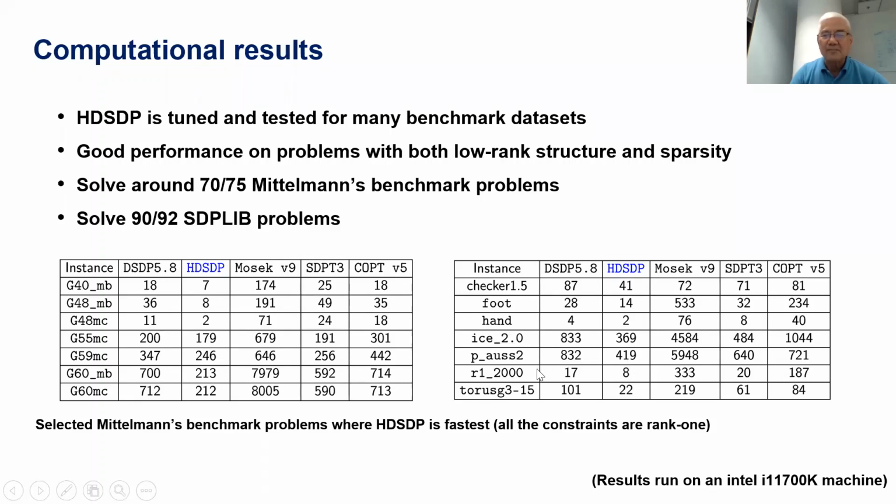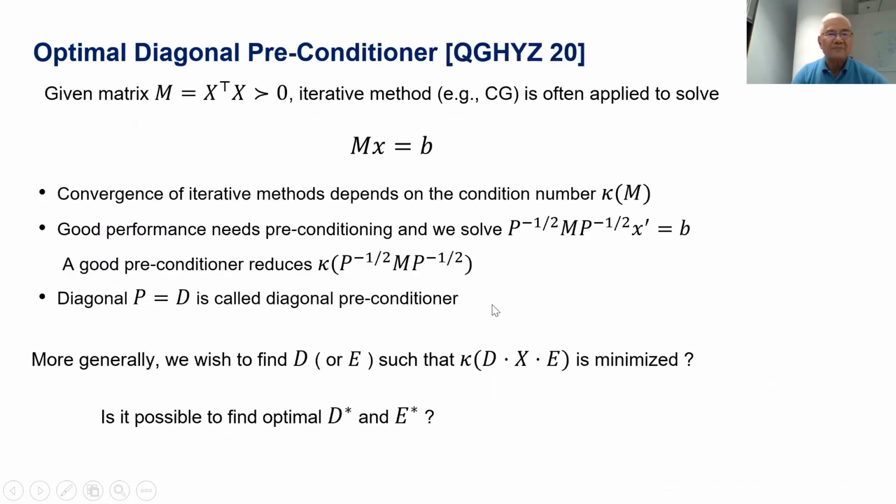For example, for this problem it only needs 400 seconds, but MOSEK, the second best, needs almost 6,000 seconds. This is SDP-3 by people in Singapore. You can see they really take advantage of the problem structure and perform very well.